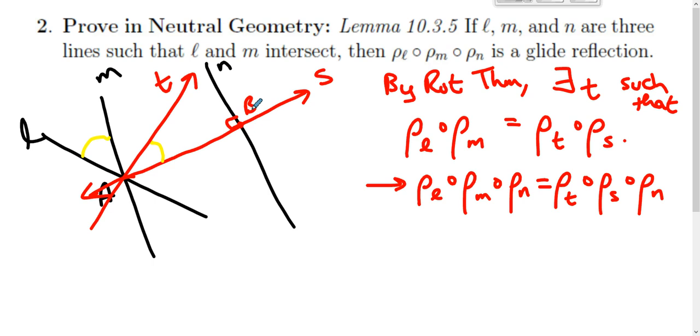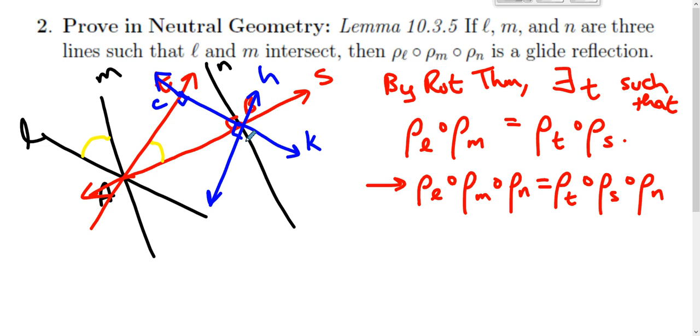And then we're going to think to ourselves, drop the perpendicular to T through B. This line, perpendicular to T through B, this is going to be line K. And that foot is going to be C. And then we're going to take H to be the line through B that's perpendicular to K. So here's line H. They are perpendicular, H and K are.